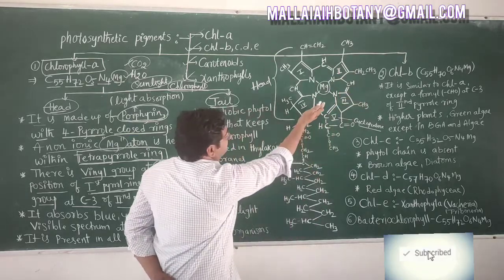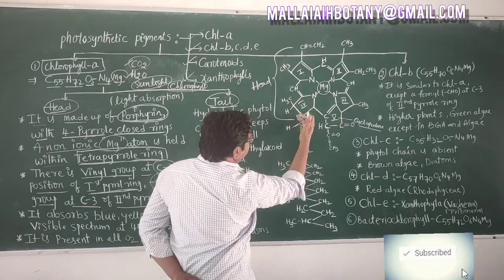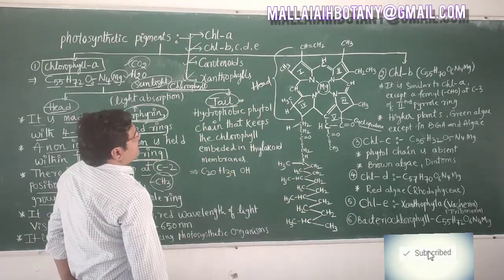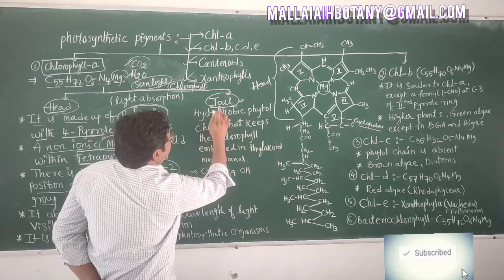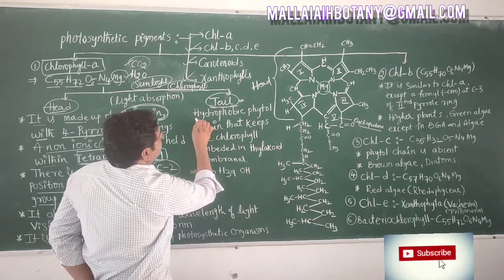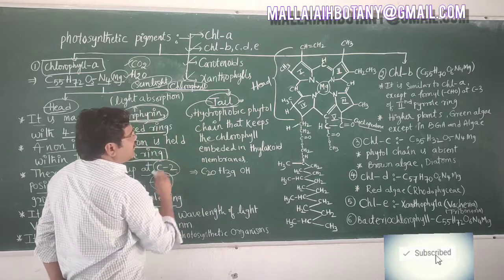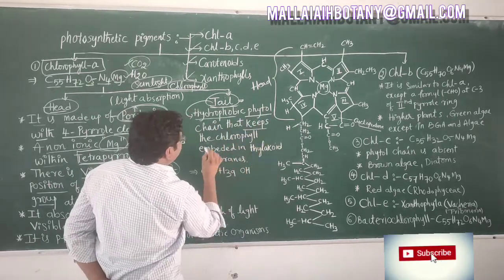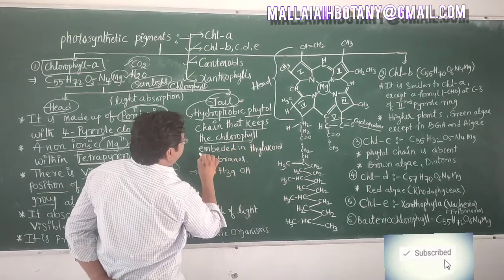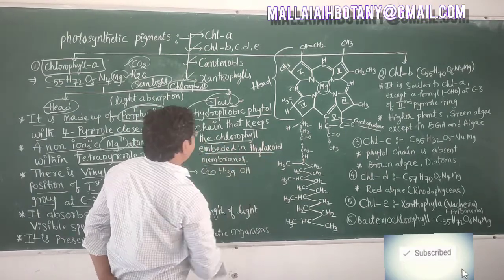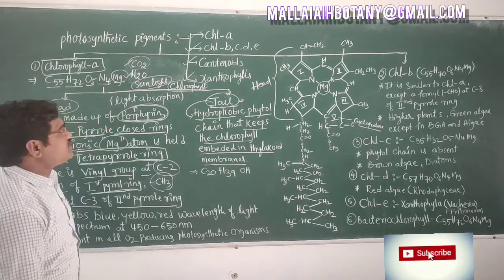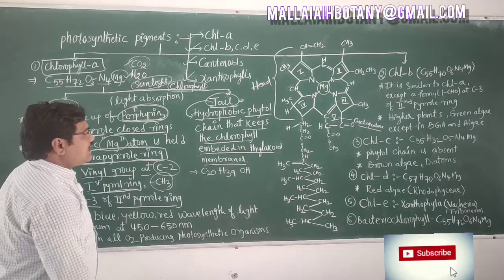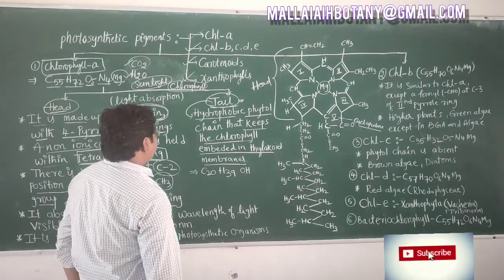Next, this porphyrin ring is connected to the tail chain. This is the tail part of chlorophyll A, a hydrophobic phytol chain that keeps the chlorophyll embedded in the thylakoid membranes. What is the main function of the phytol chain tail? It is embedded in the thylakoid membranes.